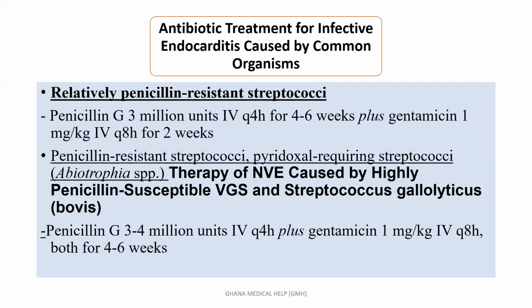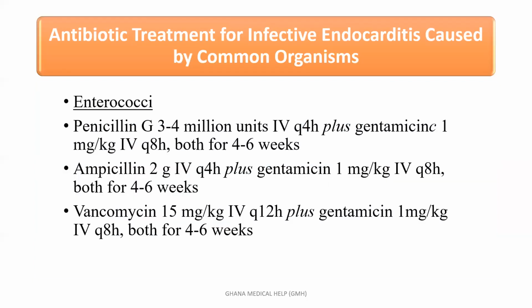For relatively penicillin-resistant streptococci, we give penicillin G 3 million units IV 4 hourly for 4 to 6 weeks, plus gentamicin 1 milligram per kg IV 8 hourly for 2 weeks. For enterococci, we still use penicillin G 3 to 4 million units IV 4 hourly plus gentamicin 1 milligram per kg IV 8 hourly, both for 4 to 6 weeks.